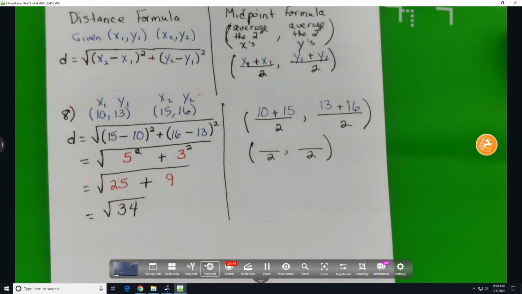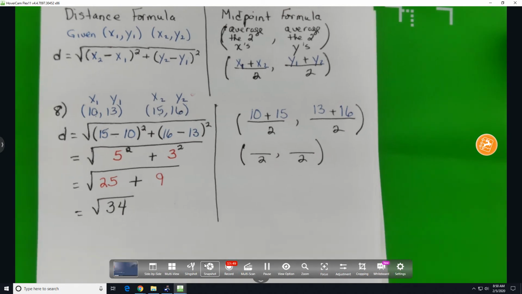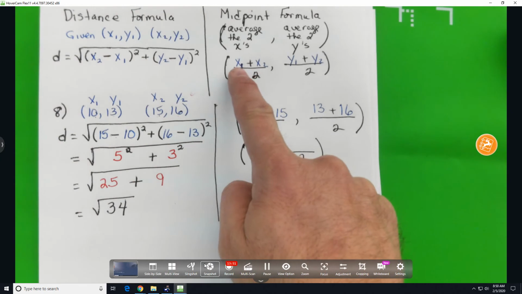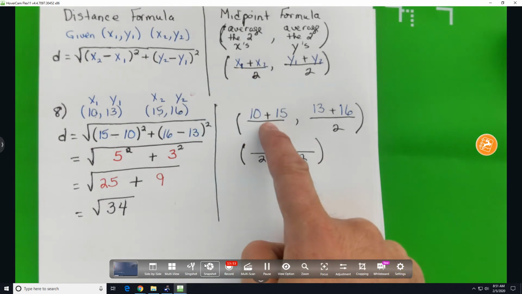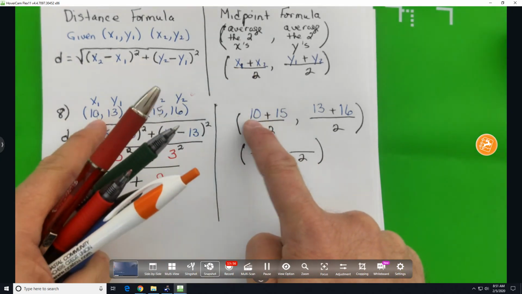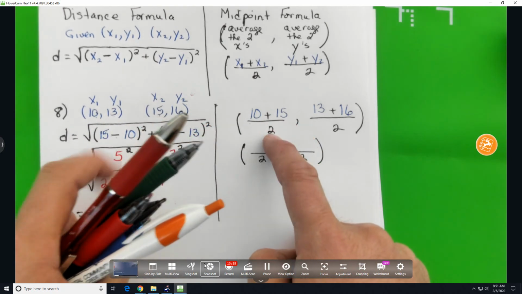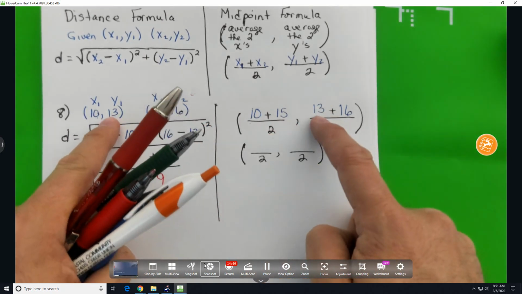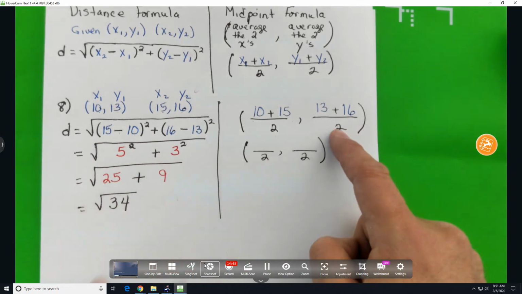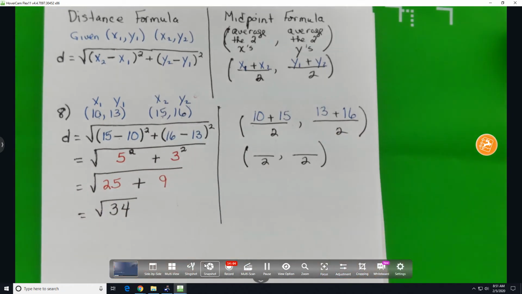I wrote down the problem and started plugging it in. I'd already written it down, so it's just x1 plus x2. So 10 plus 15 all over 2. 13 plus 16 all over 2. Let's see where I'm getting that.